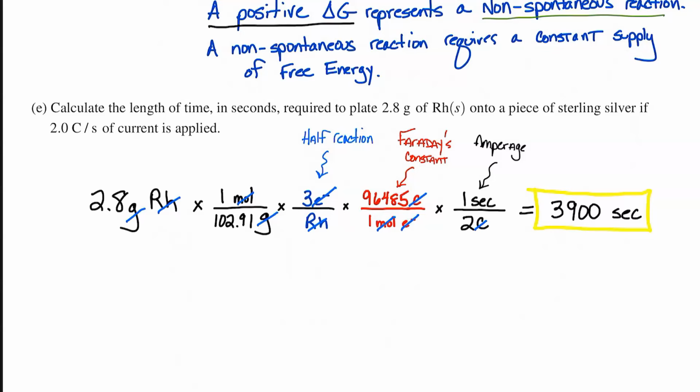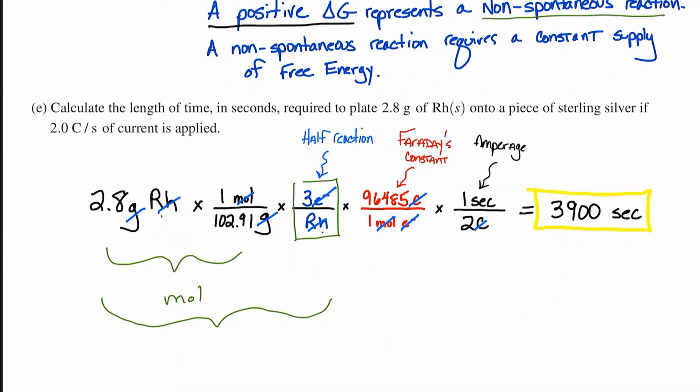we've got 2.8 grams of rhodium. The first thing I do is convert it to moles of rhodium. Then, with the moles of rhodium, I find the moles of electrons needed to get rhodium made from its ion. This ratio here, 3 to 1, notice the rhodium's on the bottom, is due to the half reaction.